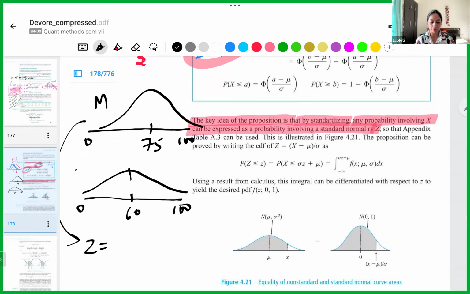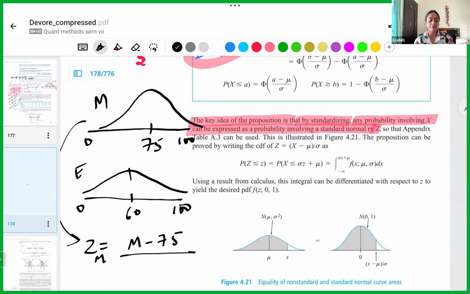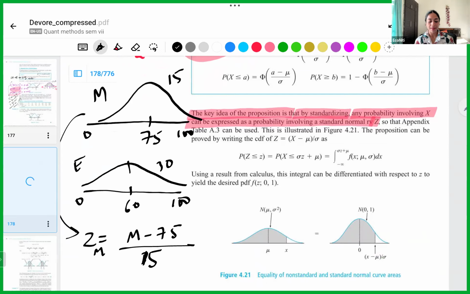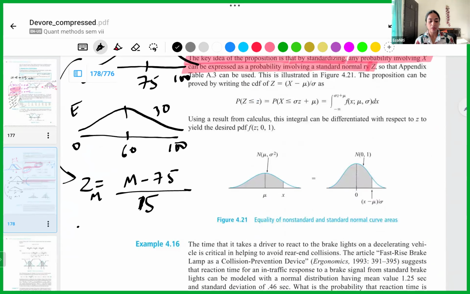तो जब इसको स्टैंडर्डाइज करोगे, फॉर दिस योर z will look like, suppose this is score in math and this is score in English. So z of math will look like math minus 75 upon, suppose इसका standard deviation is, I don't know, 15 and इसका 30, है ना? So this is upon 15 and then another standardization where you see that score in English minus the mean upon 30.